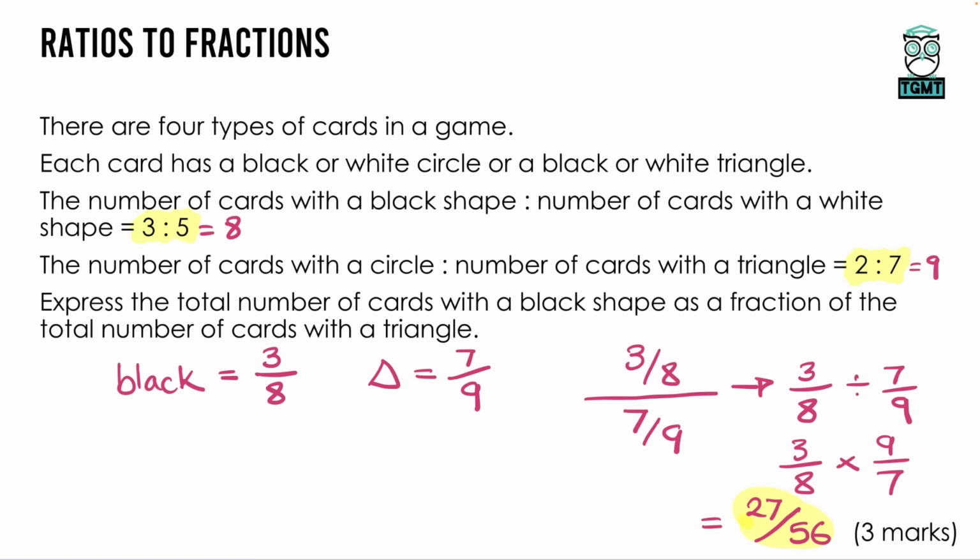Just following the instructions, it said express the total as a fraction of the total. So we got the fractional amount for the black cards on the top out of the fractional amount for the triangles on the bottom, and that was then converted into a divide calculation rather than writing it just as a fraction. So we get 27 over 56, and that is ratios as fractions.